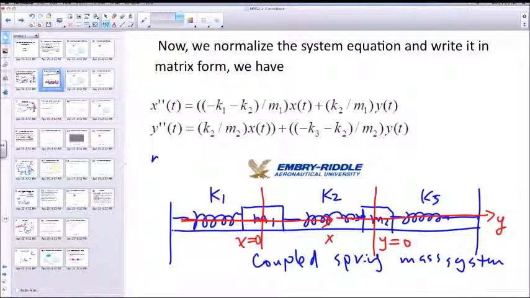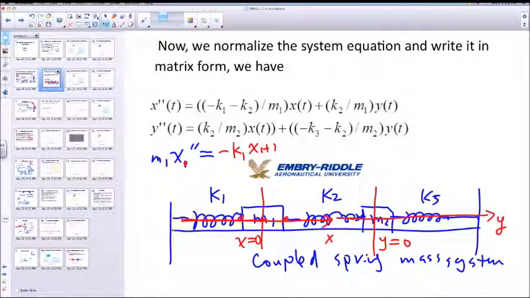M1 times the acceleration of the first mass should equal the resistance from the 2 springs applied on this point. So the first one's easy. It is negative because it's resistance, K1 X. That's the change. The second one's a little tricky.